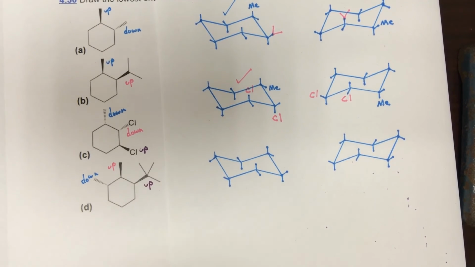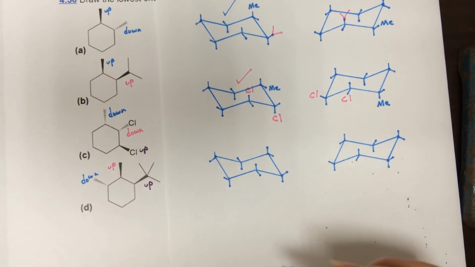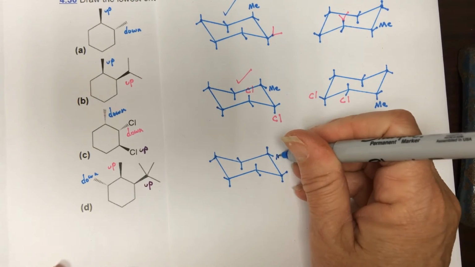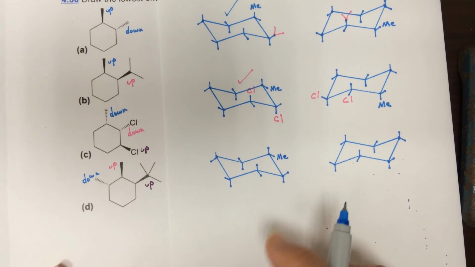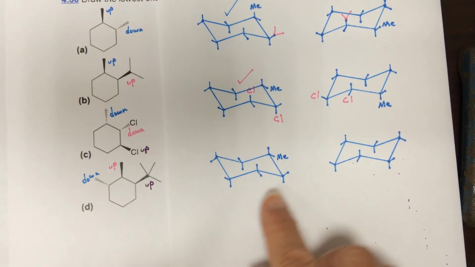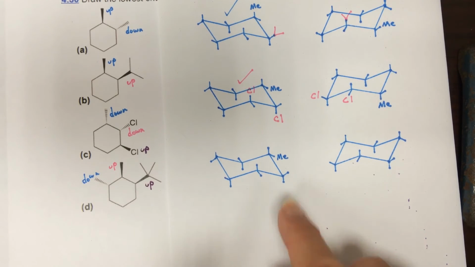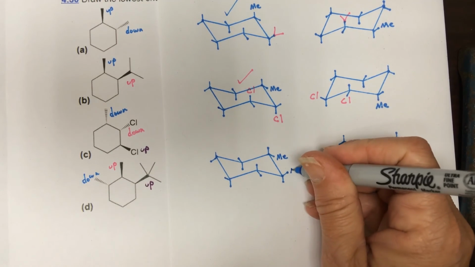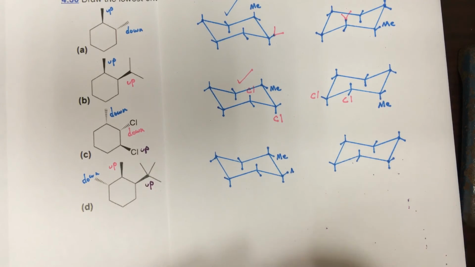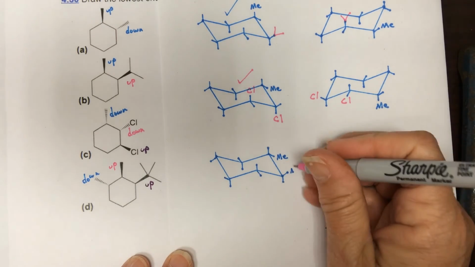All right, so we'll start with the blue methyl. It's down, so we'll put it in a down position. On the next carbon, we've got a methyl that's up, and so we need to do it in pink. It needs to be a pink methyl.